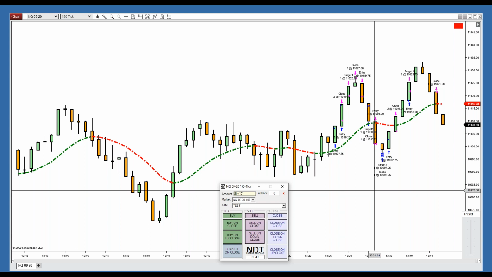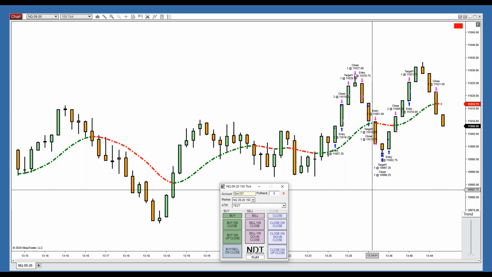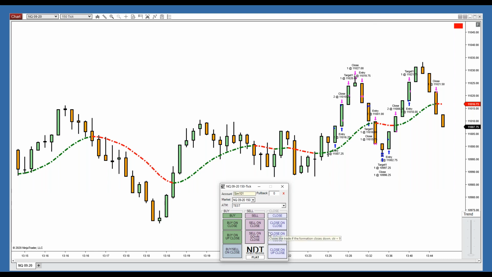So I showed you time and I showed you tick. It does not matter what the formation is. This is going to get you a much more precise entry. And once you preset it, you don't have to worry about it. It's just going to take care of itself.